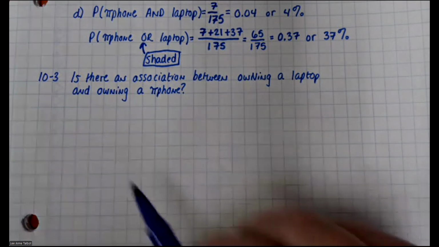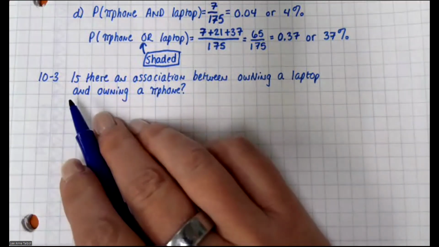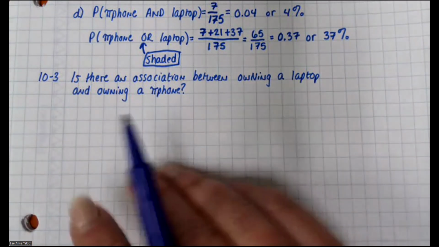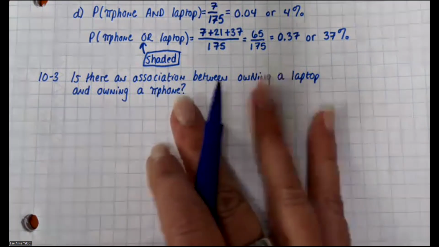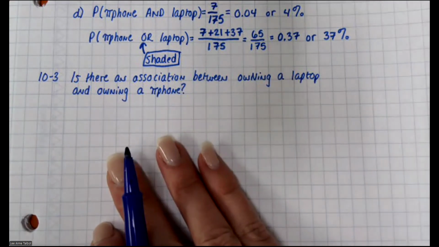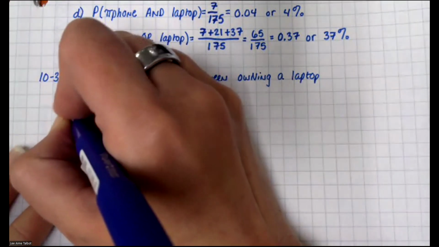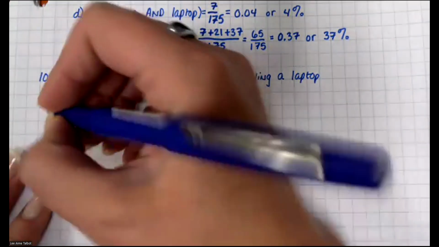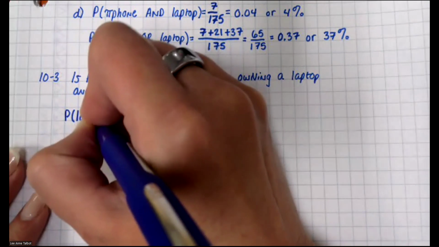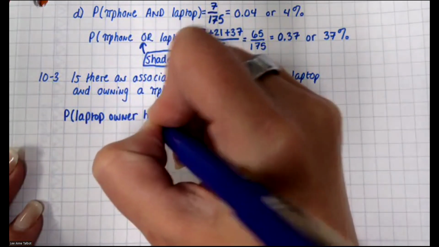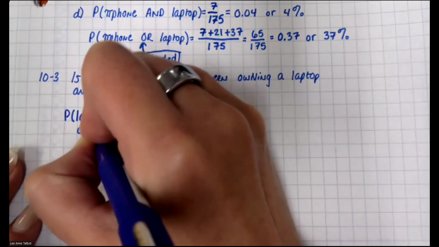Okay, anyway. Number 3. Is there an association between owning a laptop and owning a Pi phone? Meaning, are you more likely to own one or the other? And we're going to ask this in 2 ways. We're going to say, what's the probability that a laptop owner has a Pi phone?